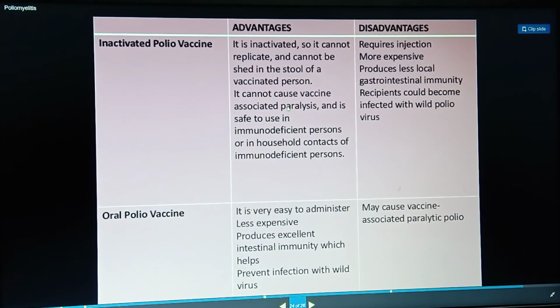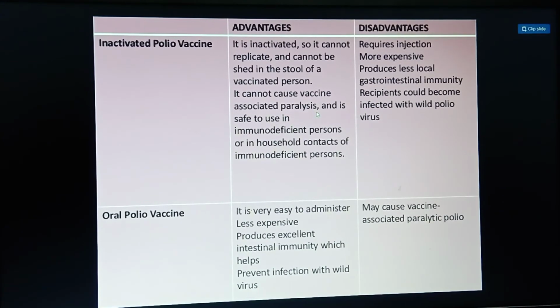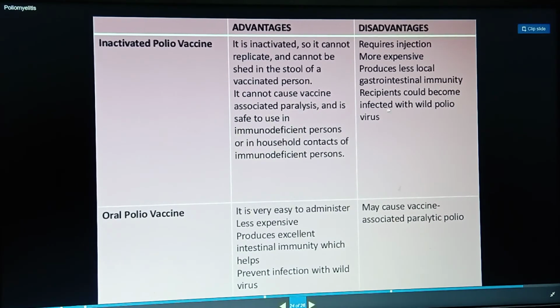Okay, and disadvantages: it requires injection, and gastrointestinal immunity is lacking, so recipients could become infected with the wild polio virus. So those are the 2 disadvantages with this process. And the oral polio vaccine can be easily administered, and for intestinal immunity it is very important, preventing infection with the wild virus.